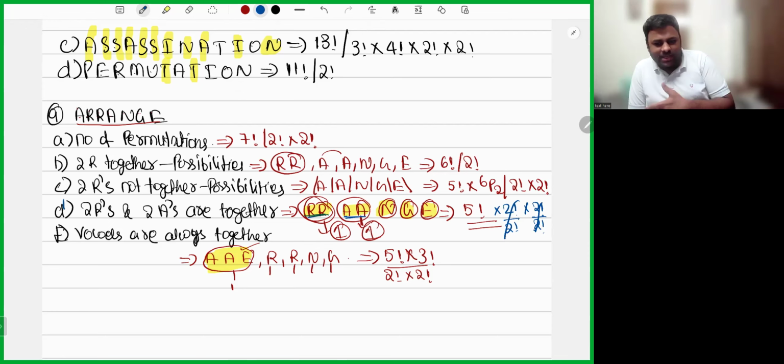So even if you interchange, since they are repeated, you have to divide by the number of repetitions, no? They'll get cancelled eventually. I hope that's fine, Gita, point number D. And I hope Vaishnavi, for you also point number D is fine.